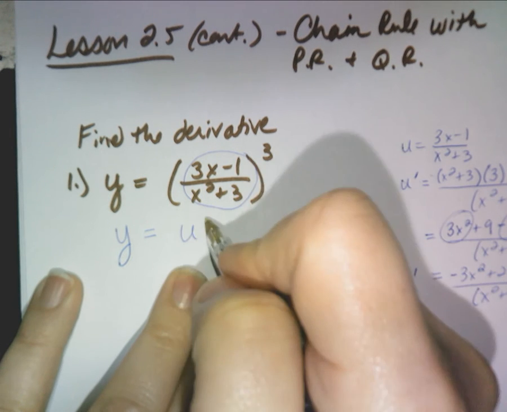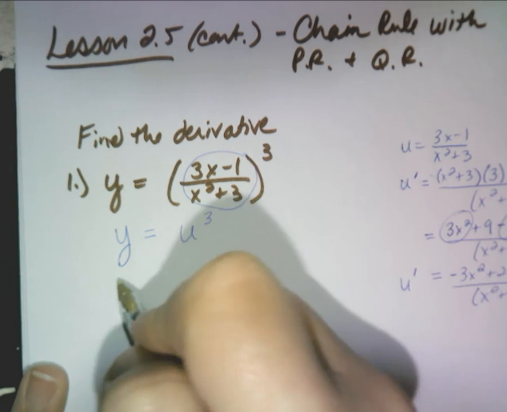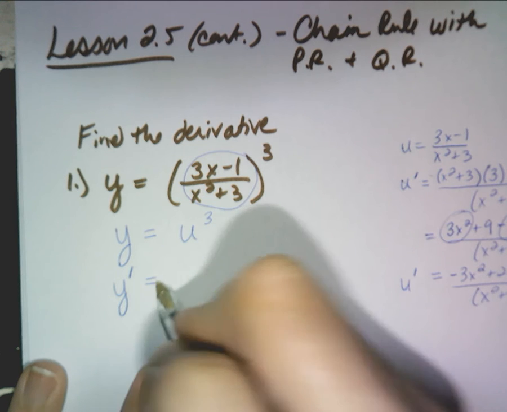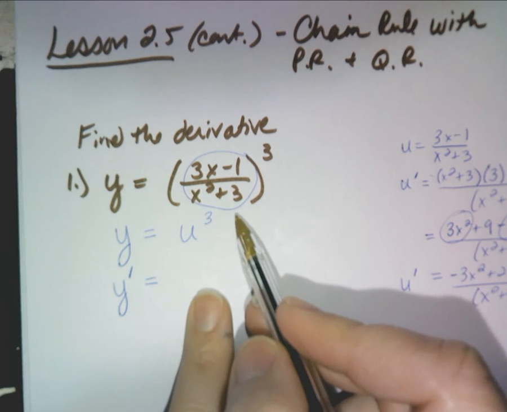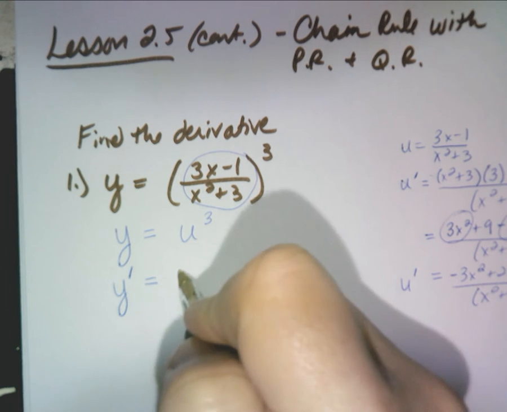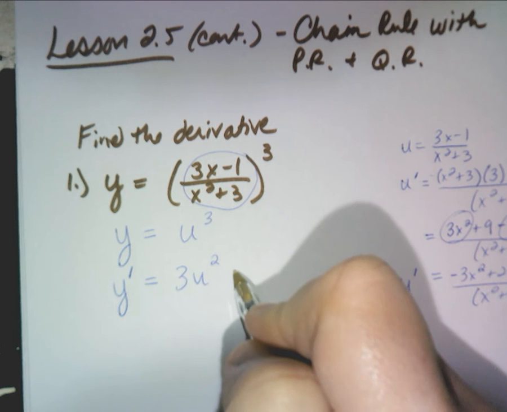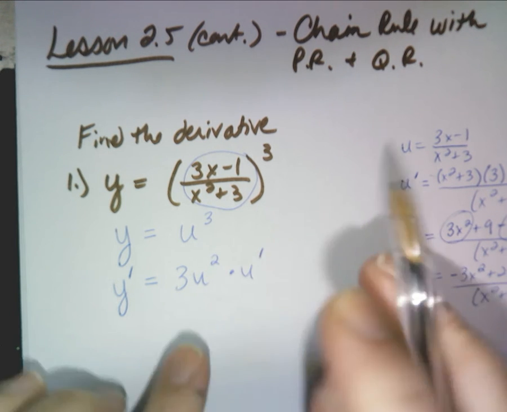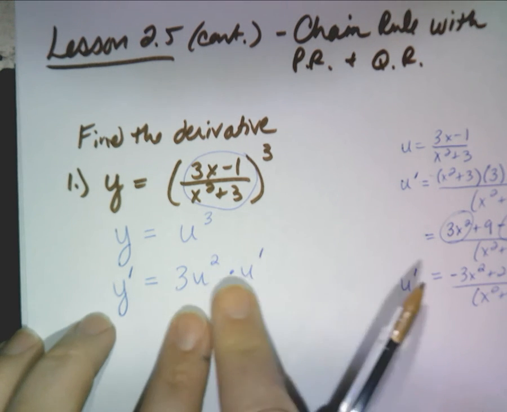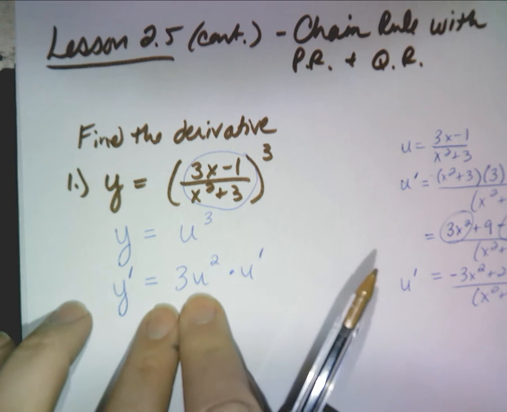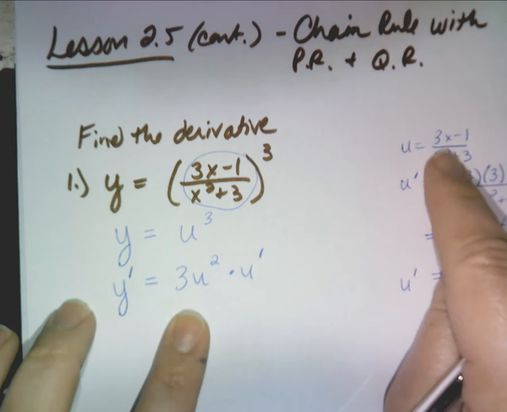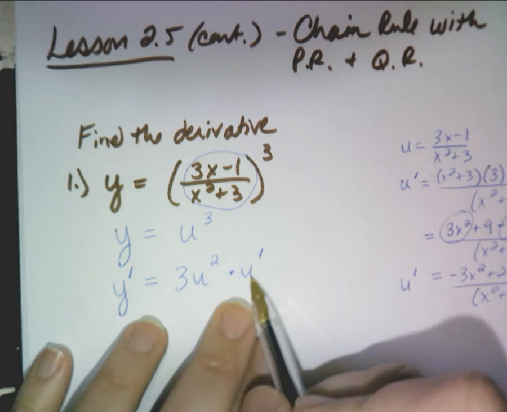U to the third. Now you take the derivative of u to the third, and attach what next to it? U prime. Now you put the actual u inside the u, and inside the u prime you replace that.